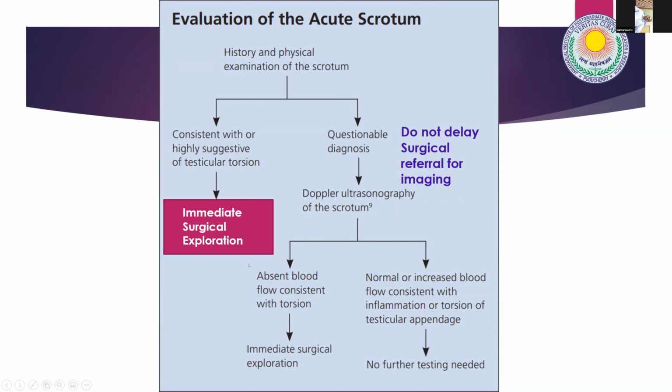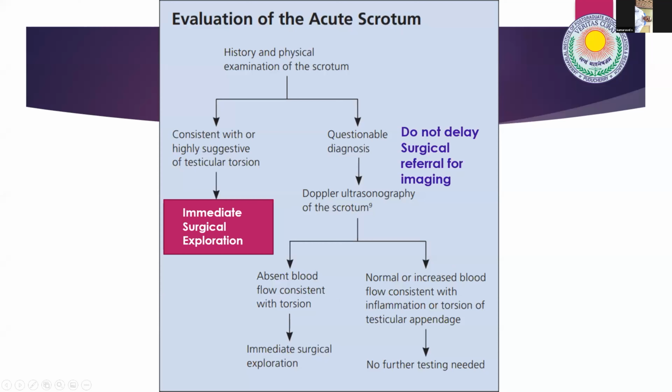Absent blood flow is not always present with torsion, but the peripheral tissue may show increased blood flow, which may be mistaken, and therefore there might be some blood flow shown around in the scrotum, which is misdiagnosed.